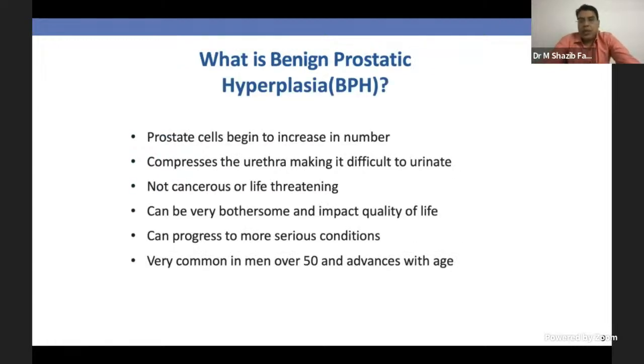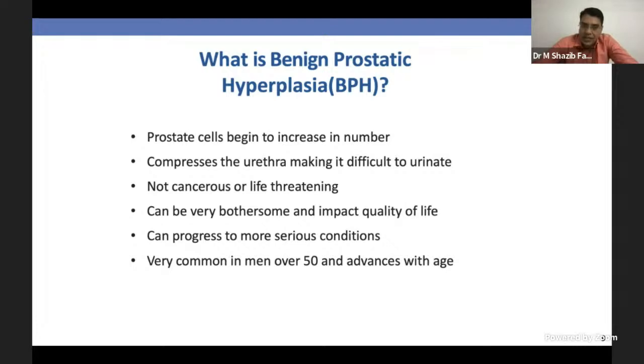So briefly, what exactly is benign prostatic hyperplasia? Because these are patient-oriented classes, I'll be dealing with the basic things required for a patient to understand. Hyperplasia means increase in the number of cells. So what happened? There is an increase in the number of cells of the prostatic gland. I have already discussed that it compresses the urethra when it grows inside and makes it difficult to pass urine.